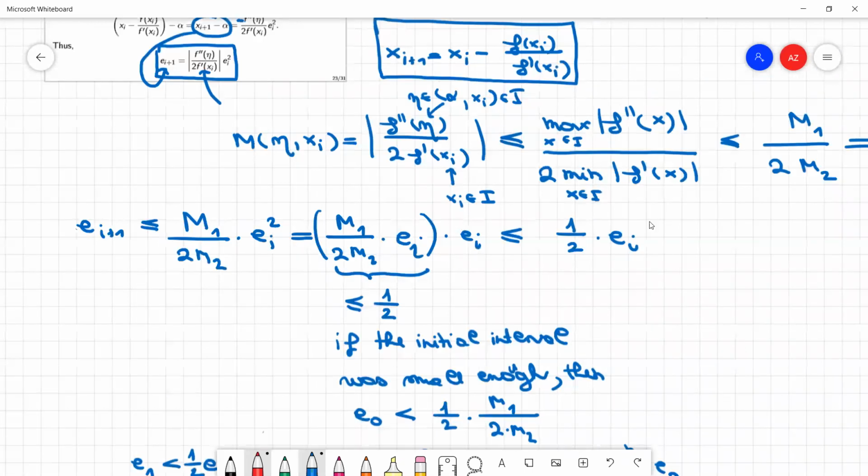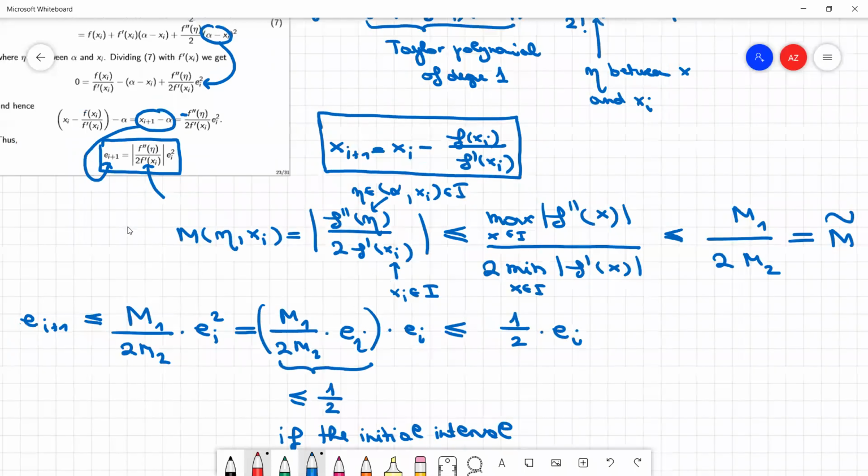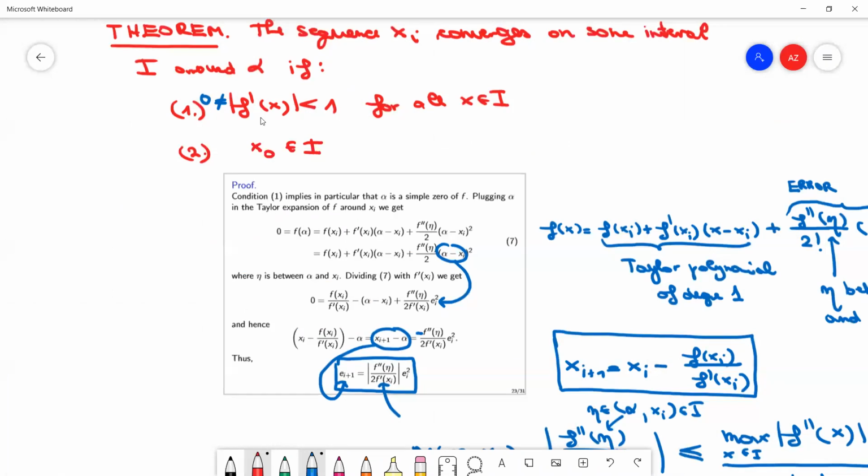We crucially needed that the minimum of the derivative is not 0. We know the minimum is attained, and we needed that it is not 0. This is the crucial condition, and it won't be 0 if f derivative of alpha is different from 0.